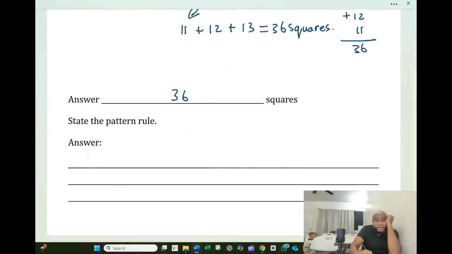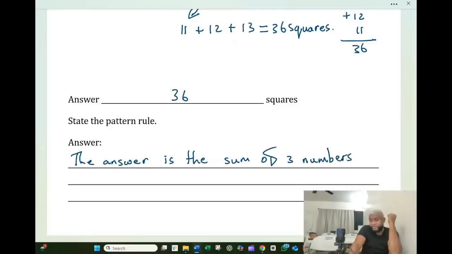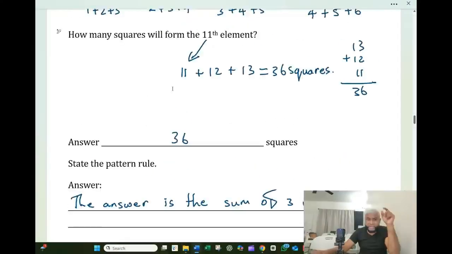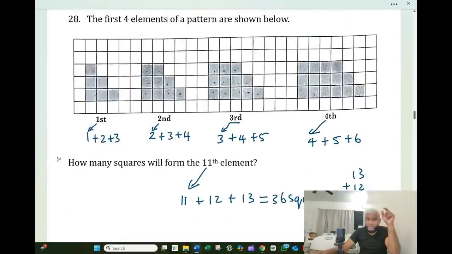So, the answer is the sum of 3 numbers, right? Okay, it's clearly the sum of 3 numbers. Now, the first number, so watch it here, the first 4 elements will be the element you're looking at.